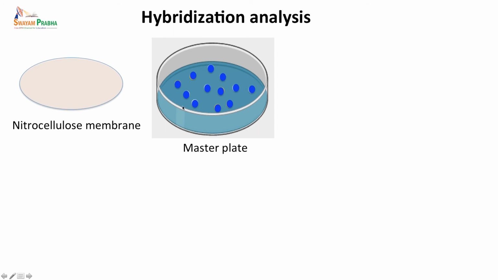So you want to spread it out into a large number of plates so that you can get well separated plaques. Now you take a nitrocellulose membrane. I will just show the cartoon for one single plate, but essentially you will have a collection of plates on which this analysis will be done.